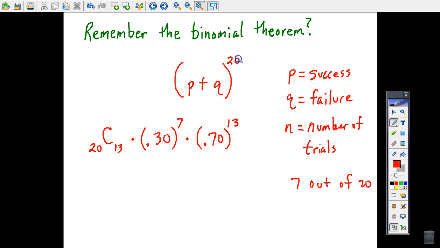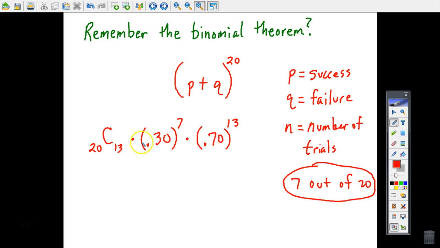If I'm raising a binomial to the 20th power, then I'm going to have 21 terms as a result in the complete expansion. Well, this one term only gives me one of the probabilities, and that is the probability of getting 7 hits out of the next 20 at-bats.